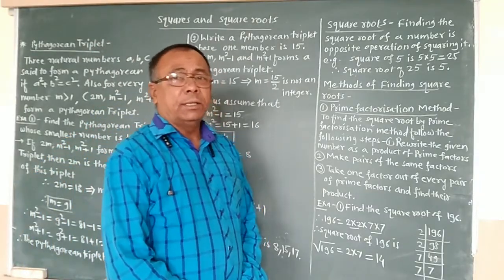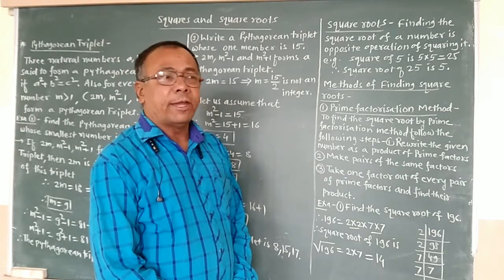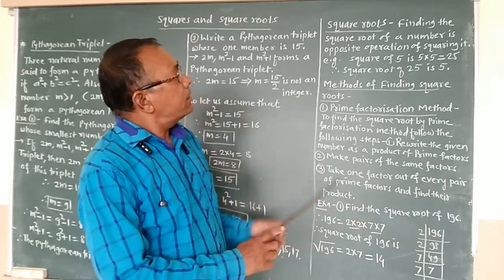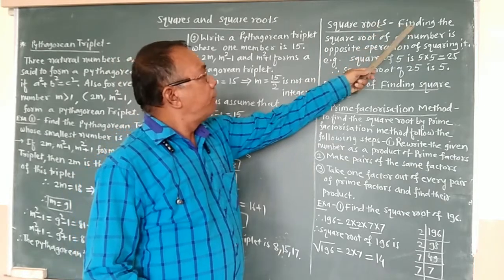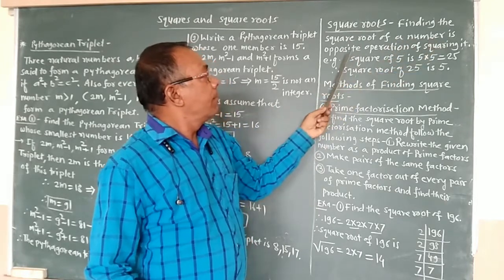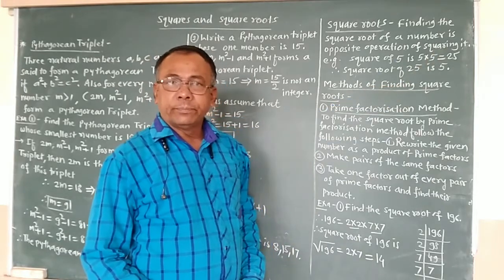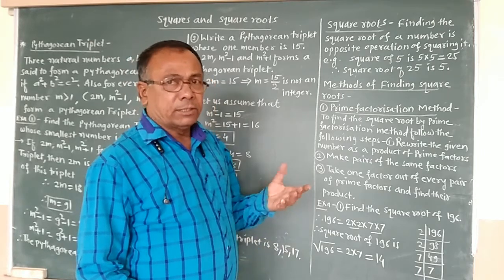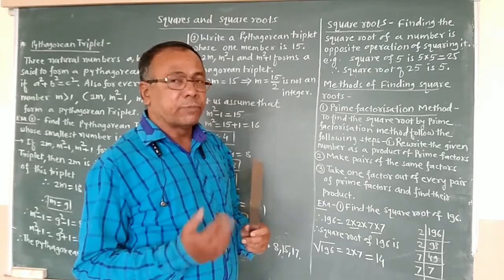Now we will see what is meant by square root and how to find the square root of a given number. Finding the square root of a number is the opposite operation of squaring it.